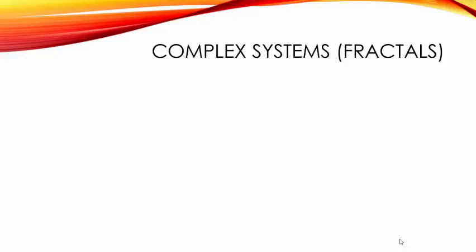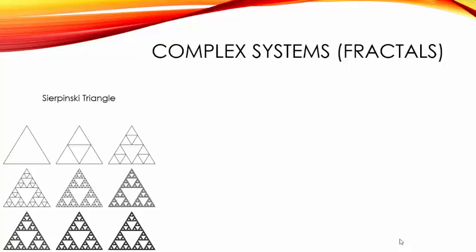Other interesting applications of recursive programming is the simulation of complex systems, for example, for the generation of self-similar patterns, such as fractals. Some examples are the Sierpinski triangle, a fractal with the overall shape of an equilateral triangle, subdivided recursively into smaller equilateral triangles.